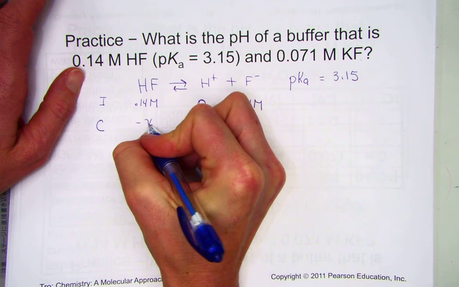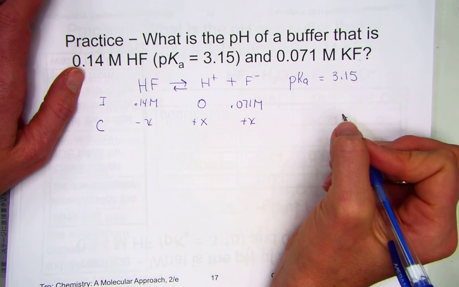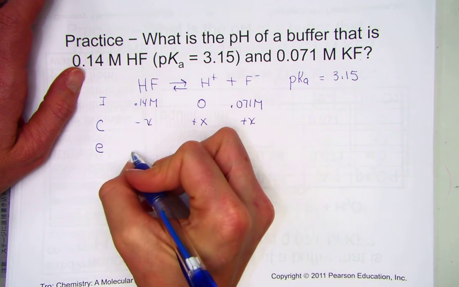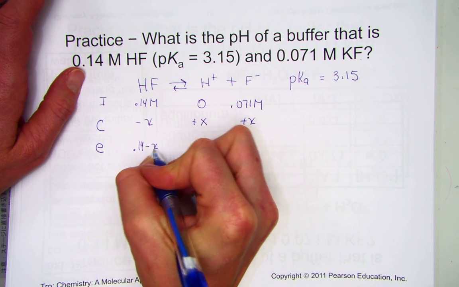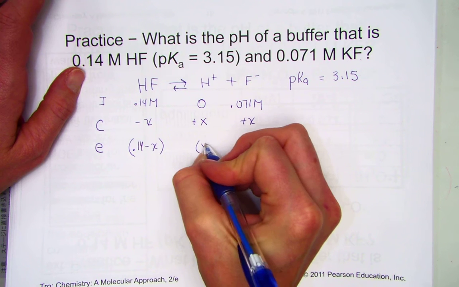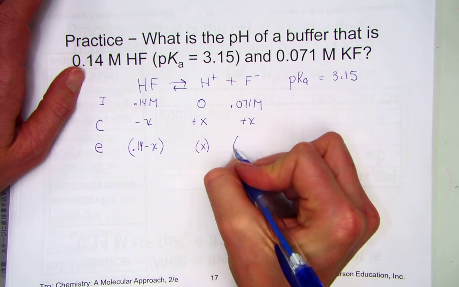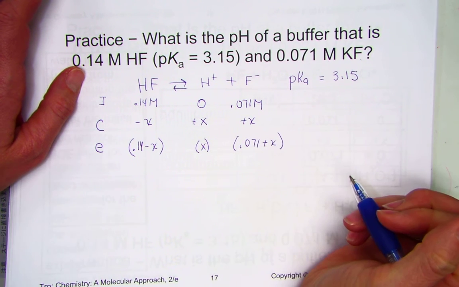Reactants get used, products get made. All 1-to-1 stoichiometric ratios. So at equilibrium, 0.14 minus x represents the concentration of the acid. The value of x itself represents hydrogen ion. And 0.071 plus x represents the concentration of fluoride.